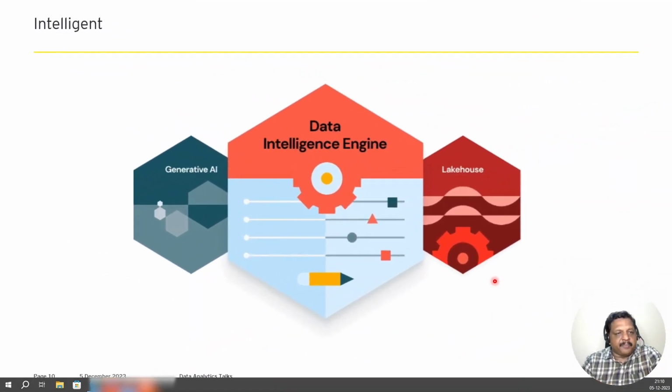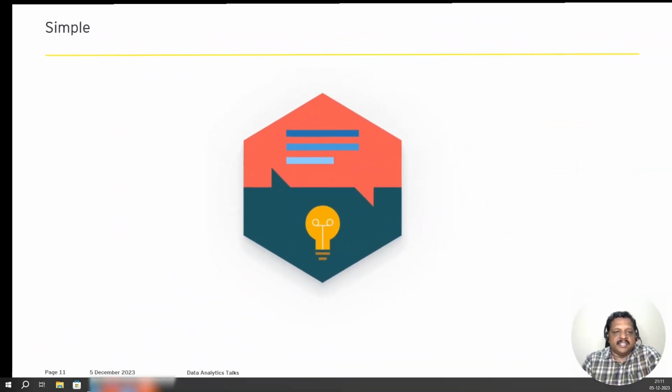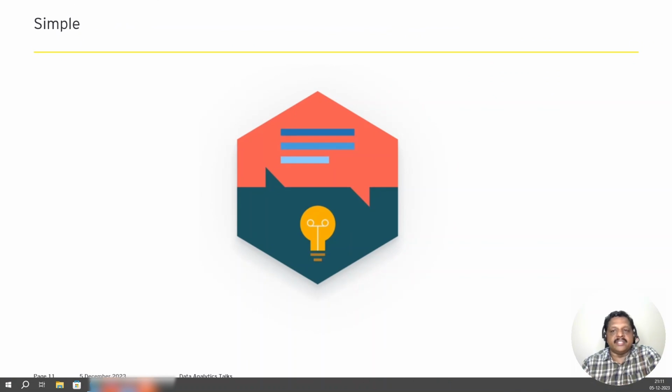And it is an intelligent platform because it combines generative AI with the unification benefits of a Lakehouse to power a data intelligence engine that understands the unique semantics of your data. And again, it is simple. Natural language substantially simplifies the user experience on Databricks.